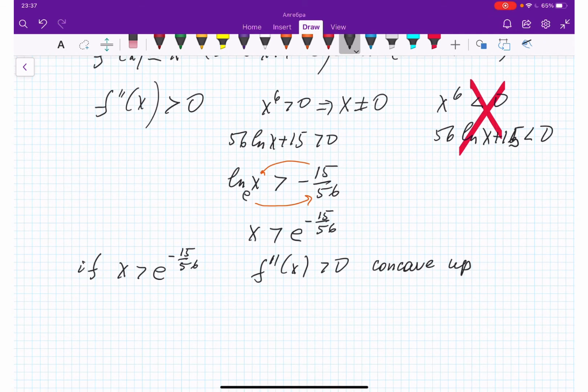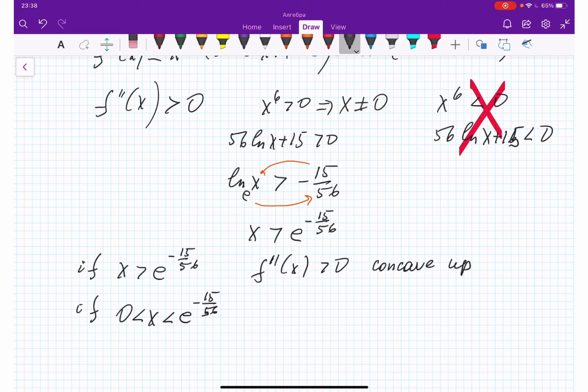And if we have x less than, let me write down, x less than e to power negative 15 over 56 and greater than 0, right? So between 0, since we have the restriction that it cannot be negative. Therefore, from 0 to e to negative 15 over 56.